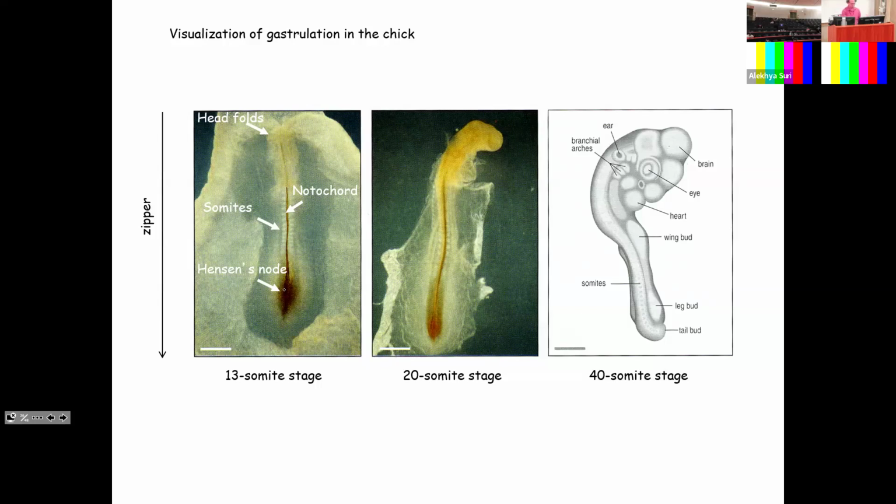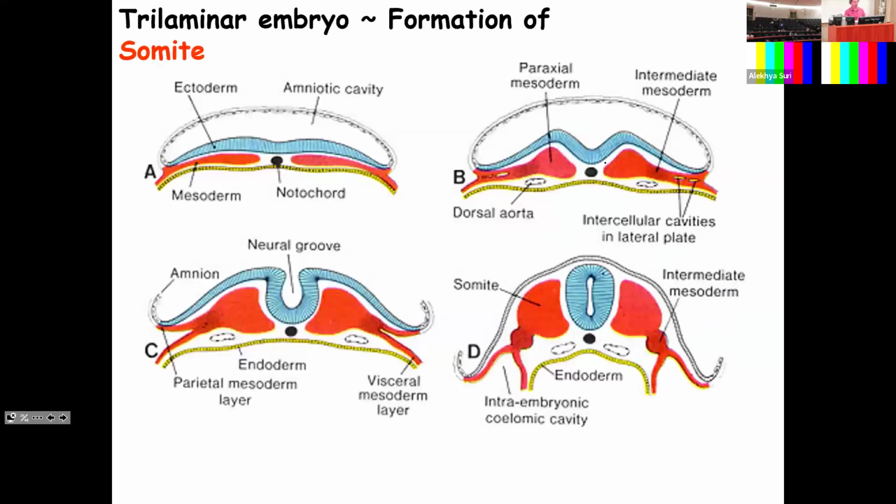The notochord, something that I forgot to show you, is at the midline and just underneath the ectoderm, in between the ectoderm and the endoderm. It's like a rod-like structure that goes along the embryo.